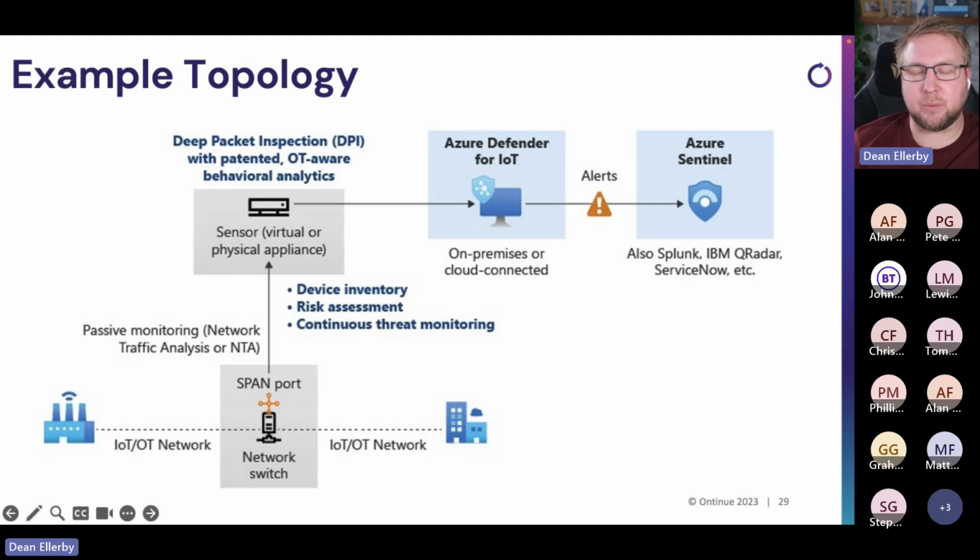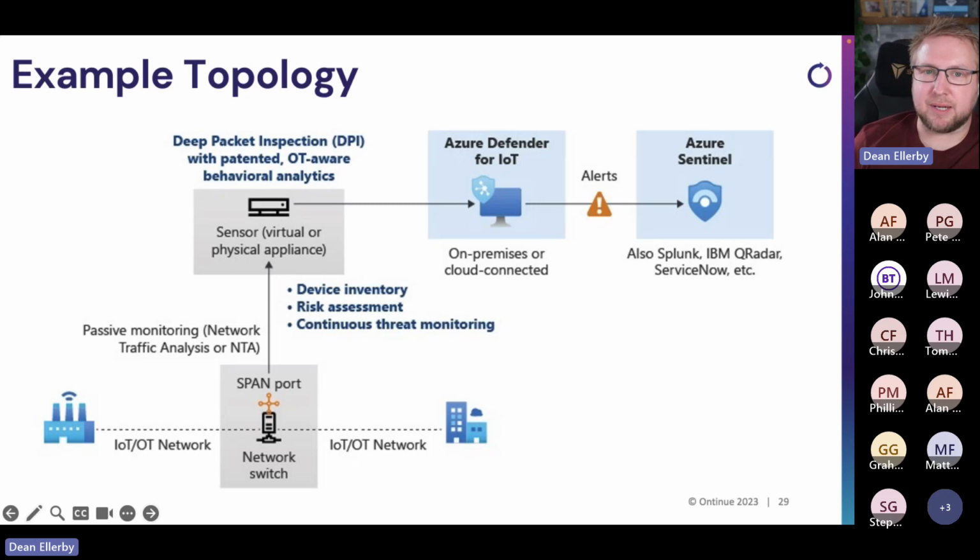What we had in the past with CyberX was an on-premises sensor management console, and that would aggregate the alerts and the information from all the different sensors in the environment, because you typically have more than one in a production environment. So you needed some way to aggregate them and see all that information without having to log into each of them.